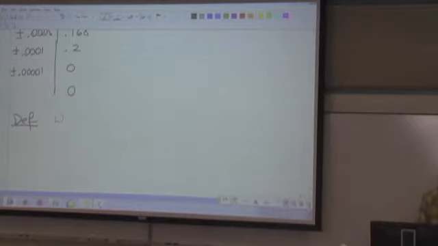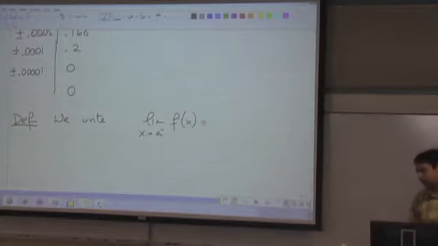We write the limit as x goes to a minus of f of x, or an alternate notation, which is not written here, but I'll write it as well, is the limit as x goes to a, but x is less than a, of f of x.